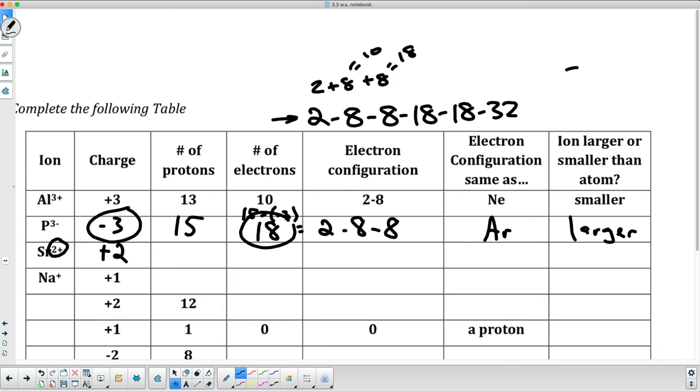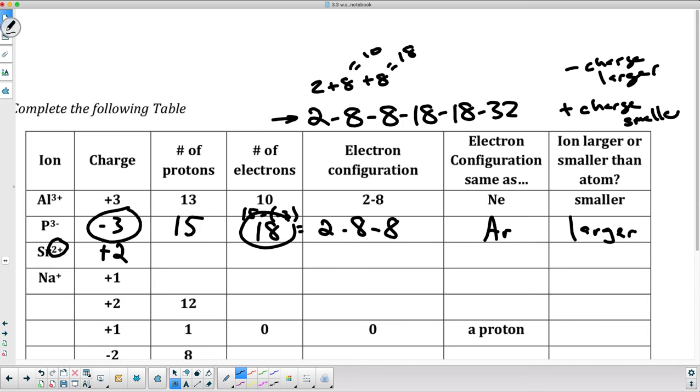So a minus charge is larger, and a plus charge is smaller, because we're getting rid of electrons when it's a plus charge. And for a negative charge, we're adding electrons on, which makes the atom bigger. It makes sense.